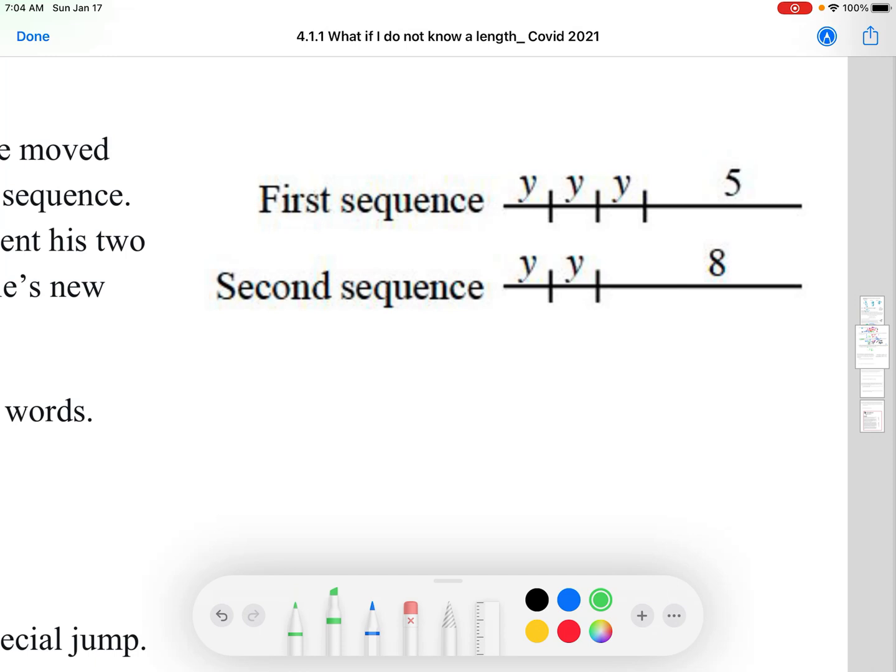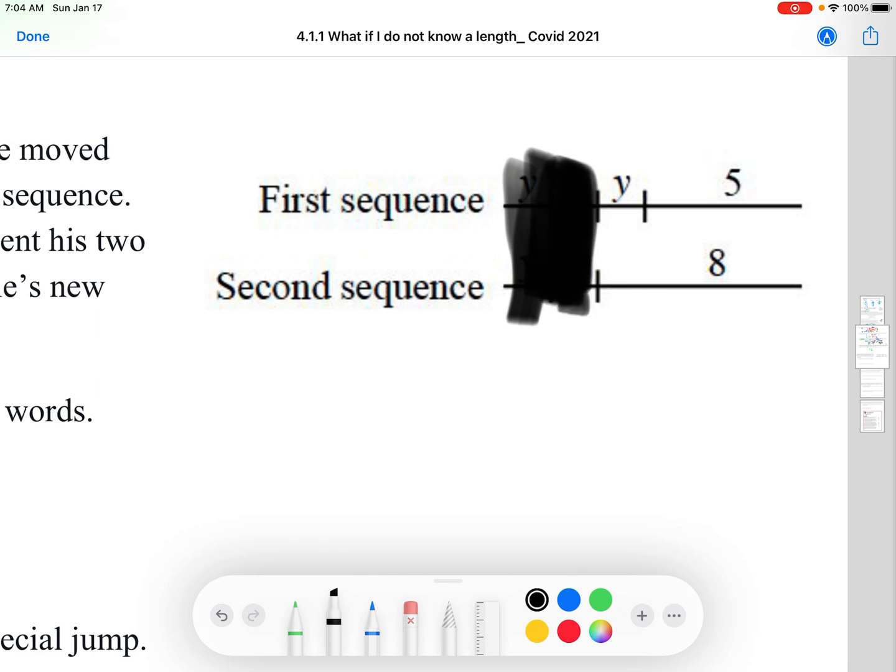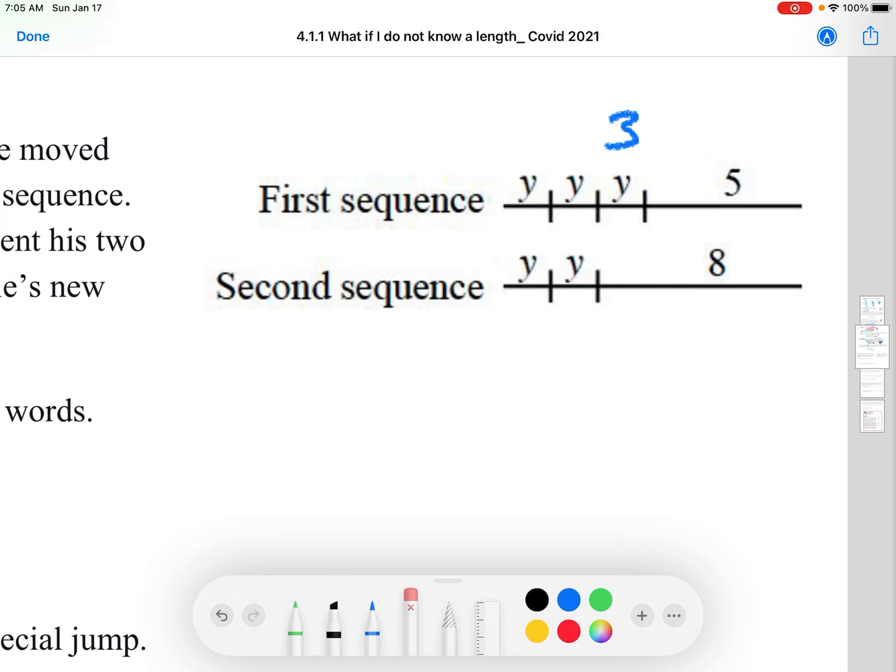I'm going to hide some of this stuff, hopefully simplifying this so that you see that the distance from 8 to the end has to be the same as the distance from Y to 5. So what must Y be? Well, Y has to be 3, because 3 plus 5 gives us the full 8.